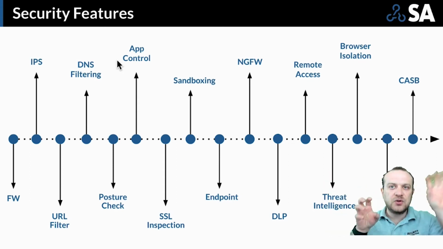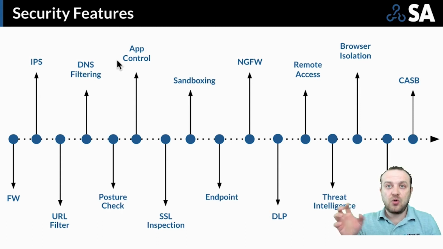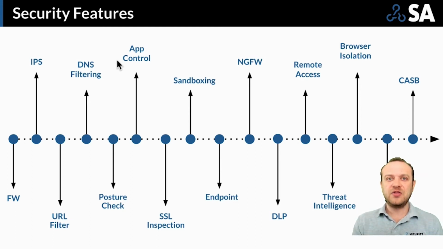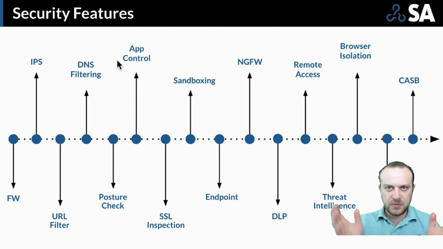In some cases, they were different technologies that were separated. Right now, they merge into one, and right now they merge even into one framework. So SASE doesn't actually define new security controls. It takes into account what was there before and puts them under one framework.